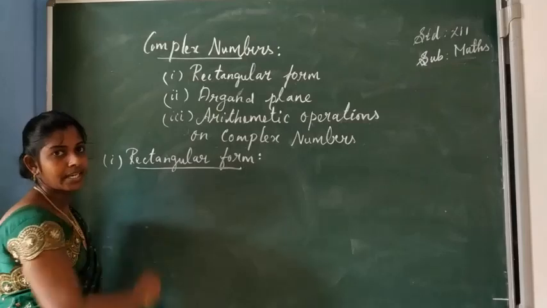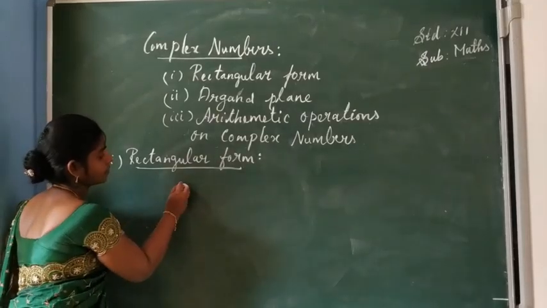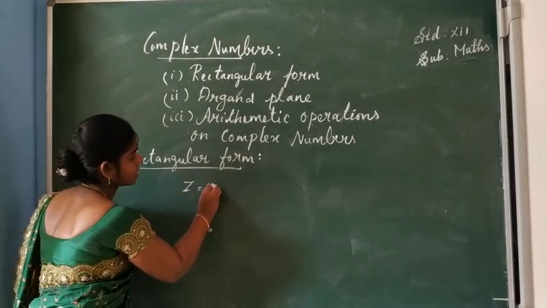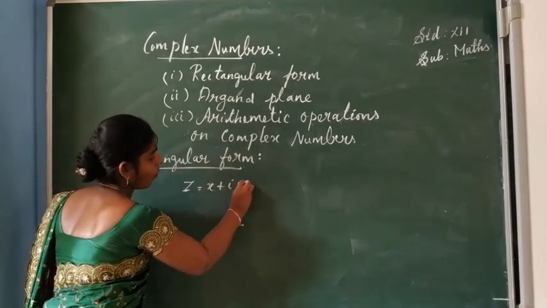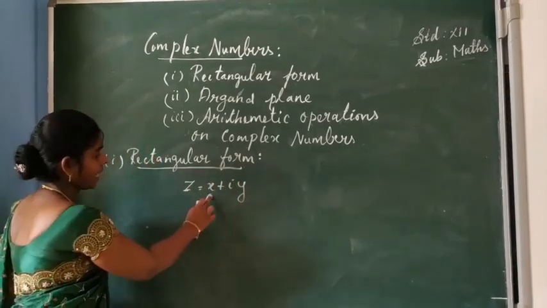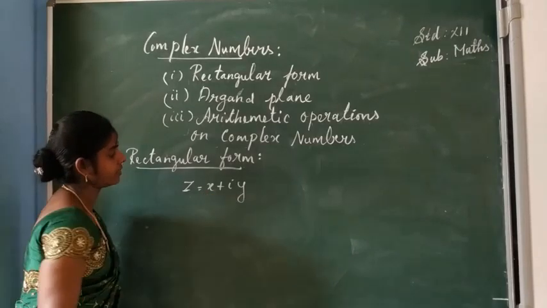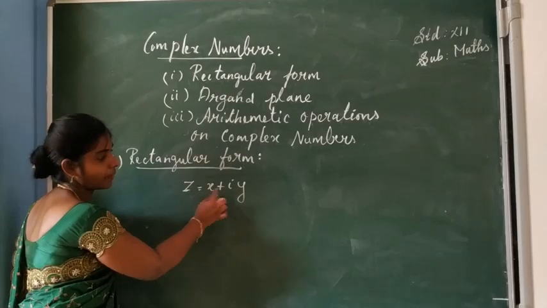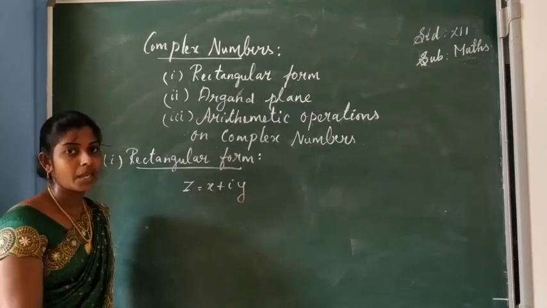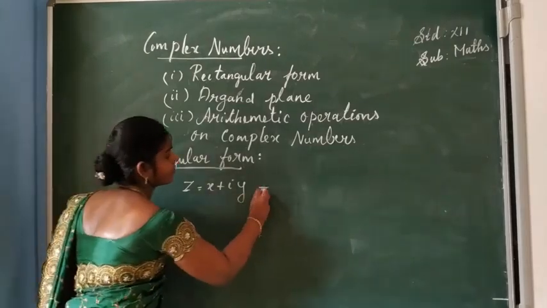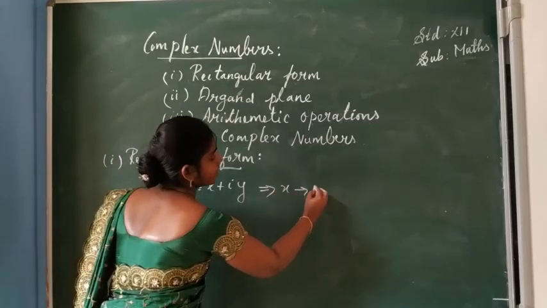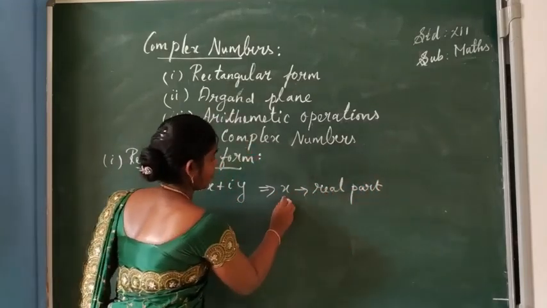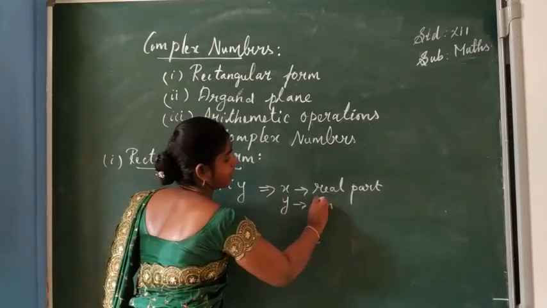So in the rectangular form, the complex number is z equal to x plus iy. So x and y are real values, that is x is the real part and y is the imaginary part. Here x is the real part, y is the imaginary part.